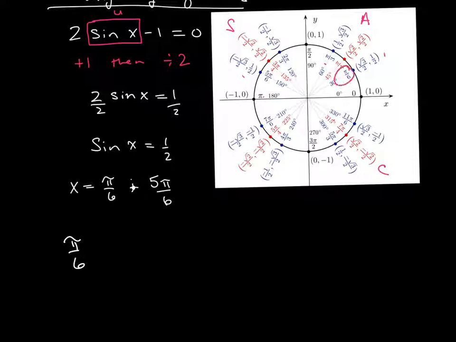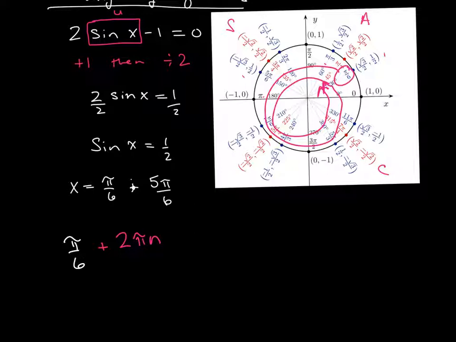I'm going to come around, and that second solution is pi over 6 plus 2 pi for one revolution. Then I'm coming around again for another revolution, and that would be at 4 pi. So the way you write this final answer would be pi over 6 plus that 2 pi n. N stands for the number of revolutions. That would be for that first answer.